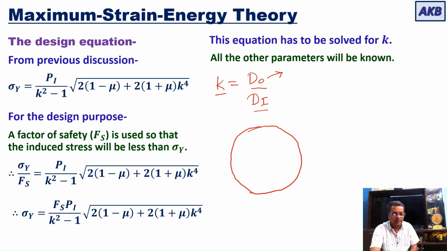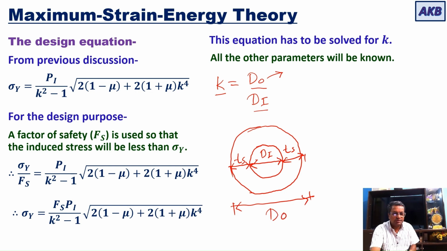So I can show over here. This is the internal diameter. This is the thickness of the vessel. Again, this is the thickness, and this is the outer diameter, that is do.